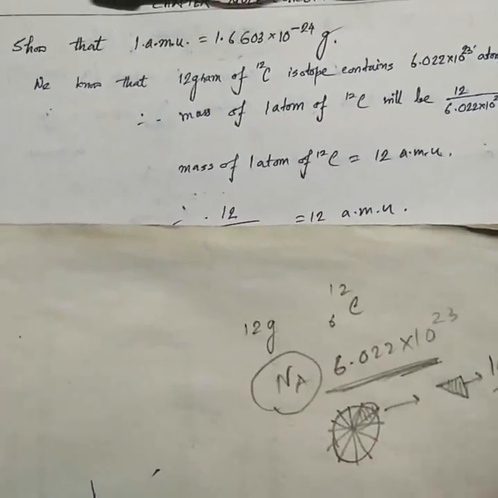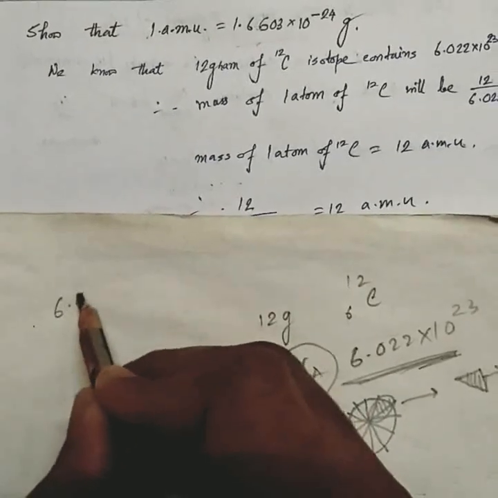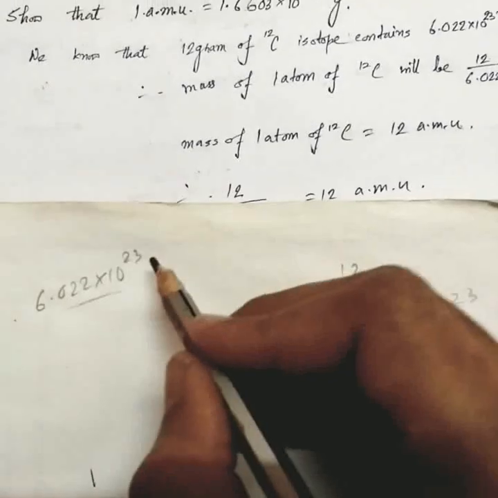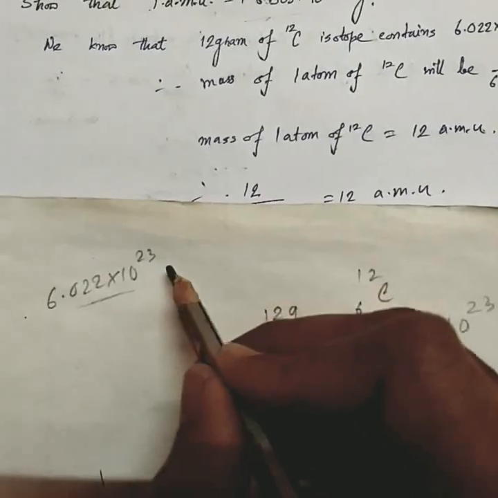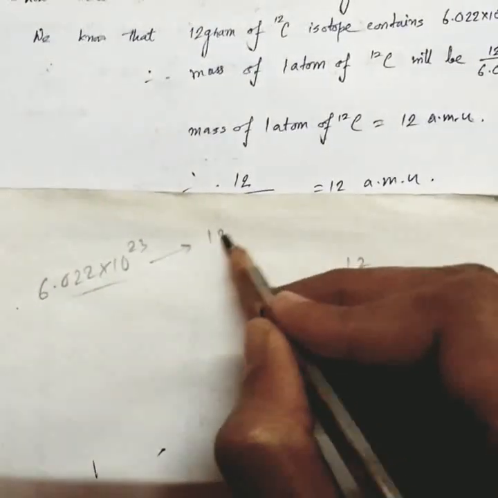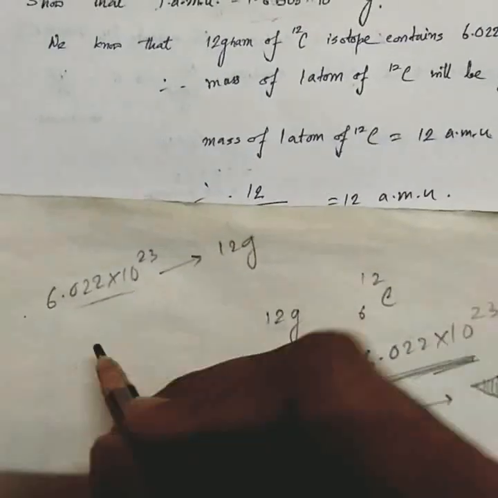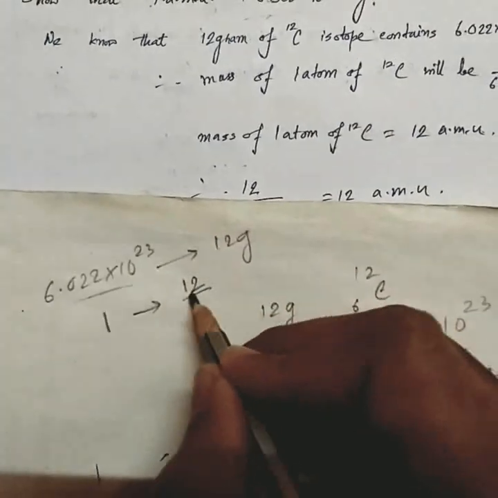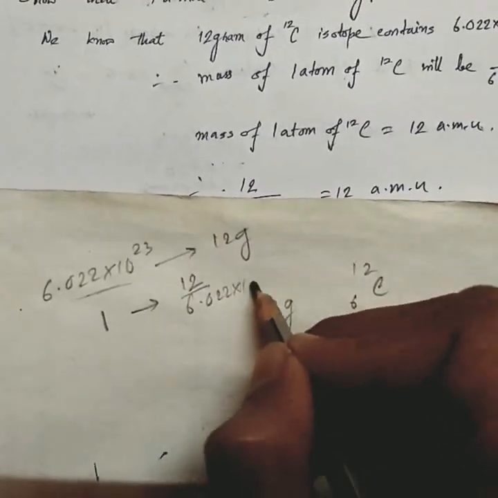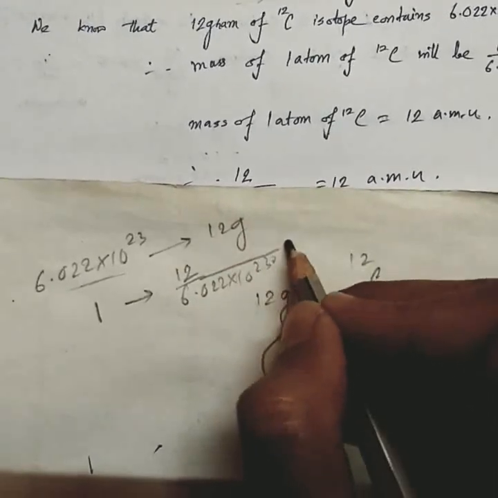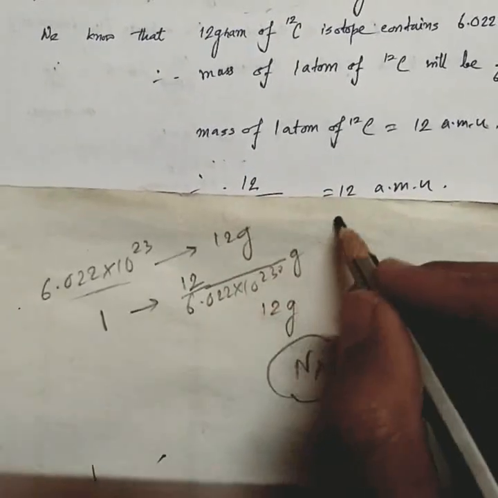So how to prove that? You can see that 6.022 into 10 to the power 23, that is the Avogadro number of atoms of carbon 12 isotope, has got the mass 12 grams. So one atom will have 12 by 6.022 into 10 to the power 23 grams, right?